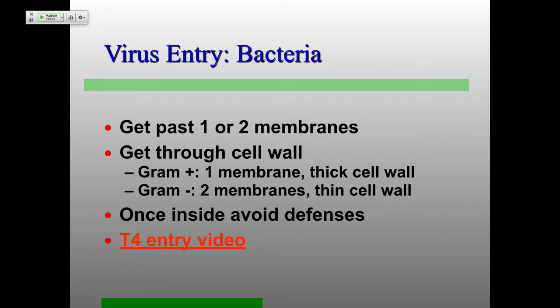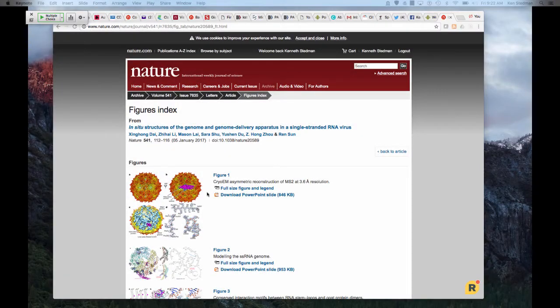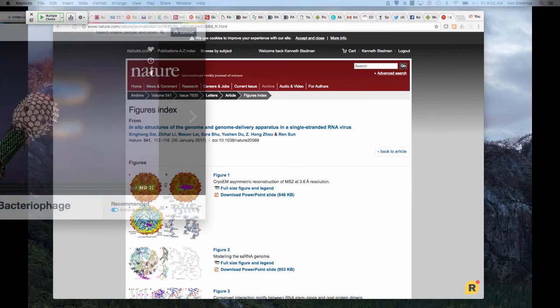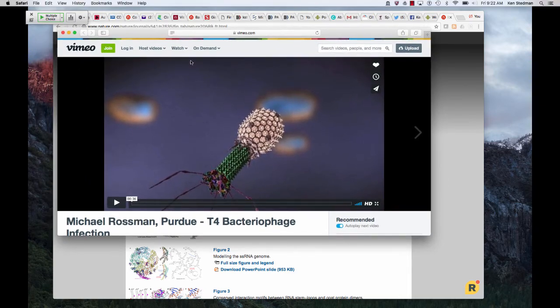And so viruses have evolved these really amazing mechanisms for getting through those membranes. And probably the most amazing, as far as I'm concerned, is what goes on with T4. Again, my apologies if you've seen this video a gazillion times, but it bears watching again. It's really absolutely amazing, and extremely well based on the structures which are known here.